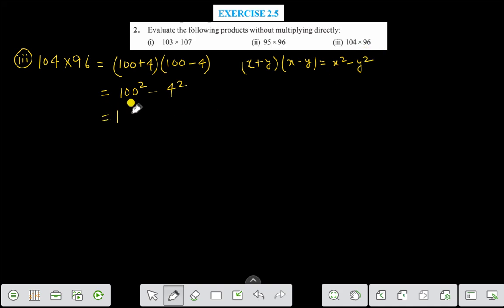That is 100 square, 10,000, minus 4 square, 16. Subtracting 16 from 10,000, we are getting 9,984. The answer is 9,984.